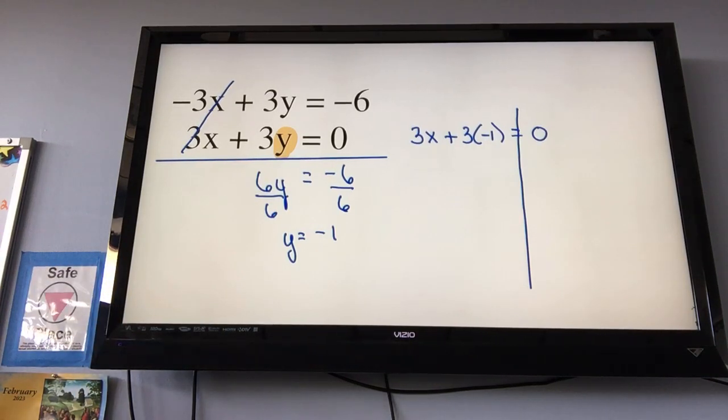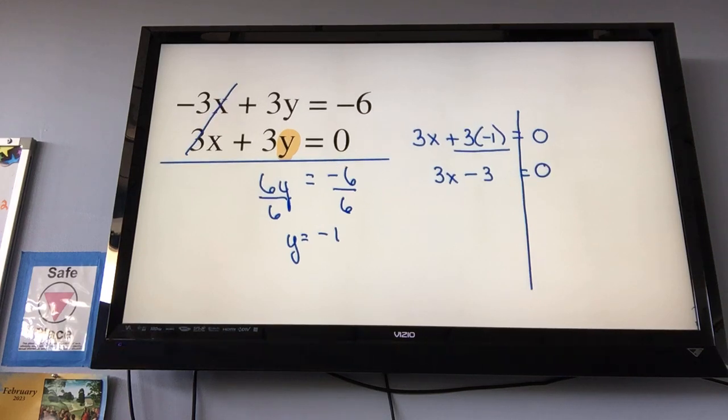So this is where solving comes in, what we've been doing for a long time. So I'm going to multiply that. 3 times -1 is -3. I'm solving for x, which means the -3 needs to move over. So I'm going to add it. Always the opposite. 3x comes down.